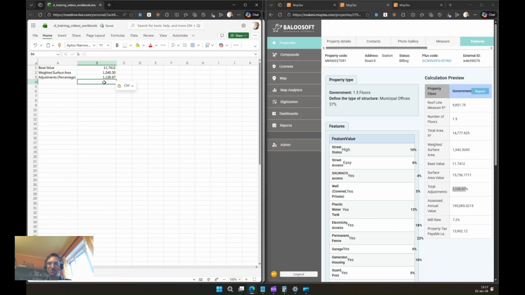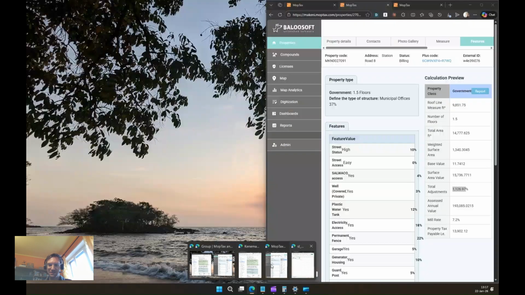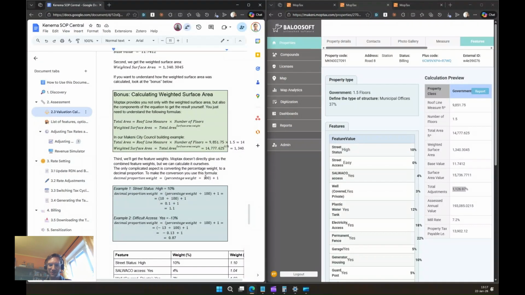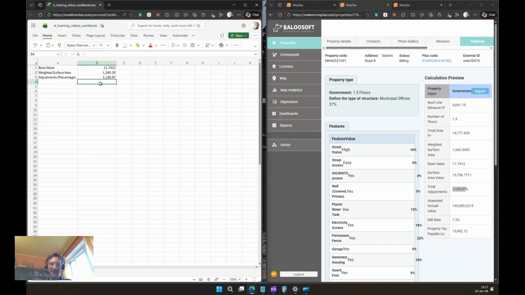Now, like I said before, the formula for this is divide by 100 and then add 1. So if I take this and divide it by 100, let's put it in parentheses just to make sure we do everything in the proper order. And then I add 1, I get the weight of 12.2697.